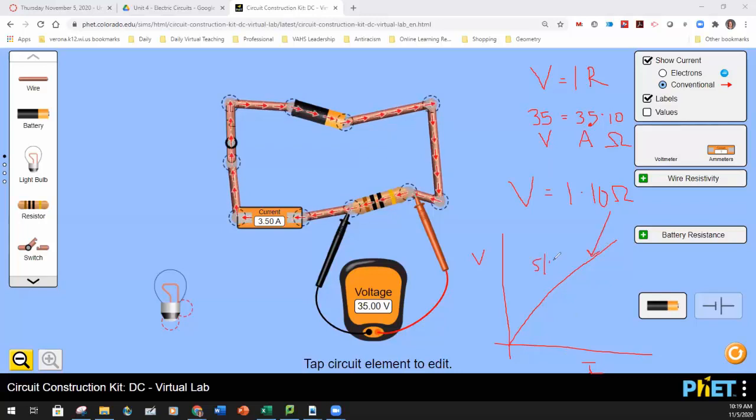So Ohm's law states that the slope of a voltage versus current graph is the resistance of the circuit. And if we get a straight line, which I didn't draw very well, I'm struggling with my mouse here, then the substance is said to be ohmic, or to have a linear relationship between voltage and current.